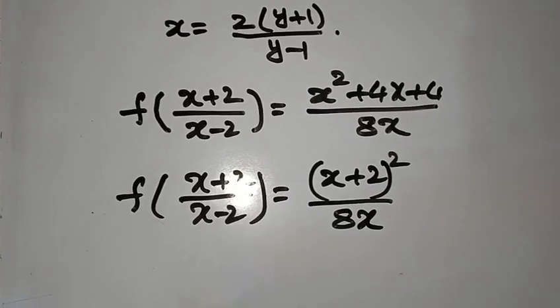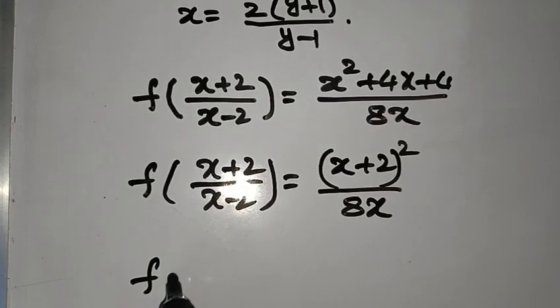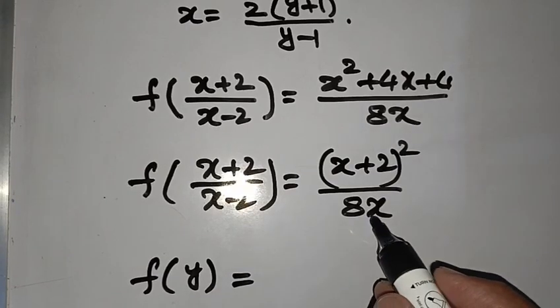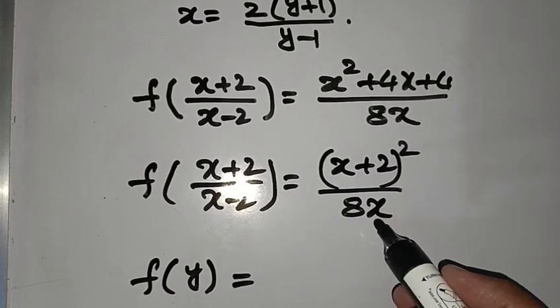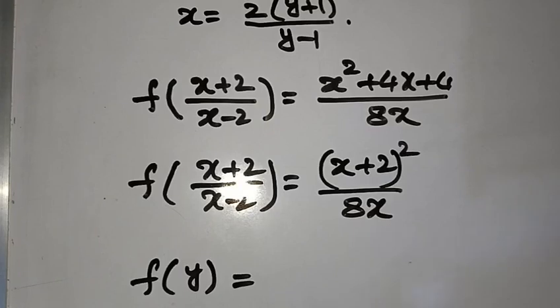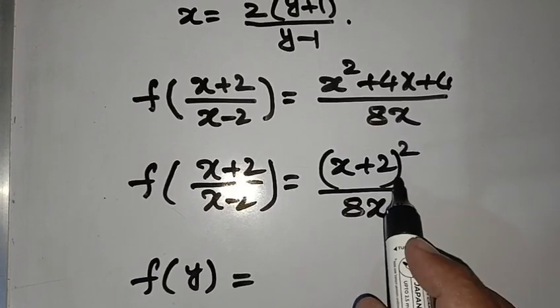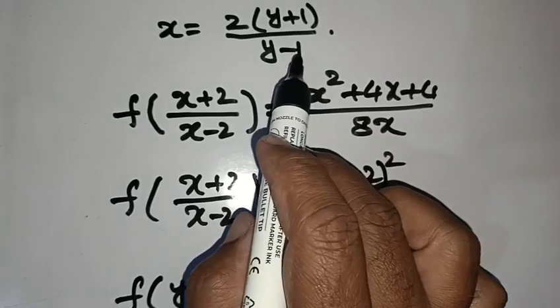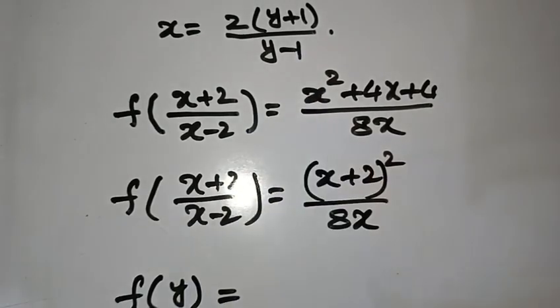So this gives f of y is equal to (x+2) whole square by 8x. So I have to write x as this value, 2 times (y+1)/(y-1).